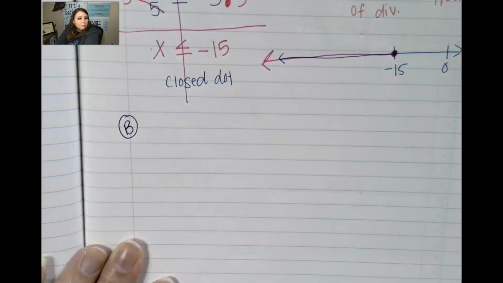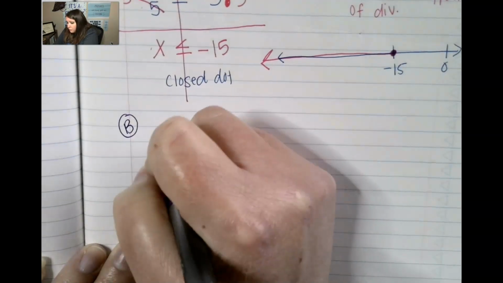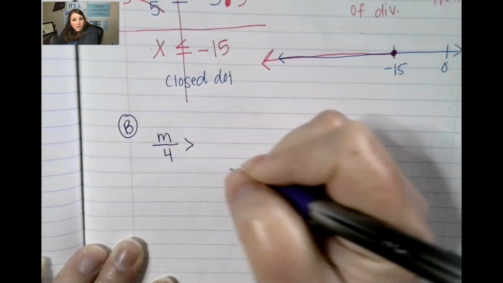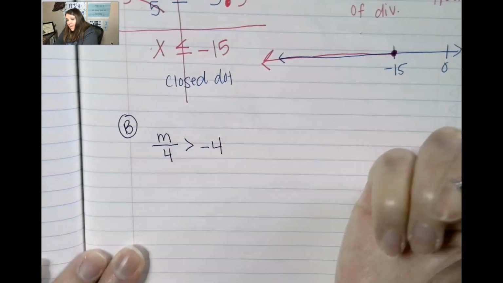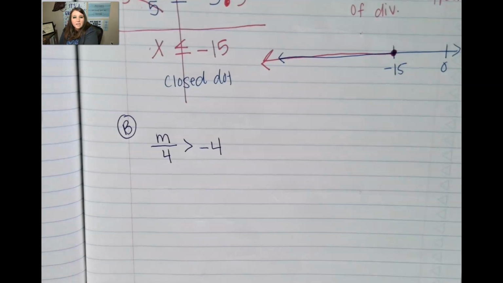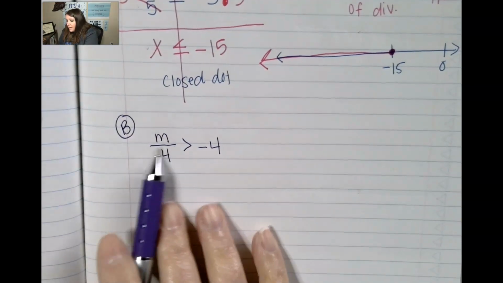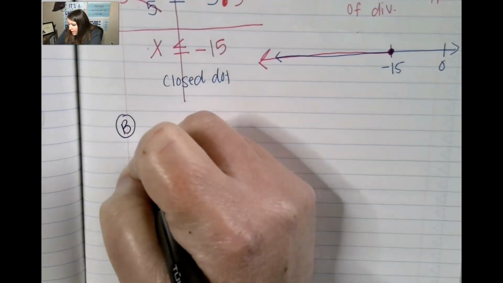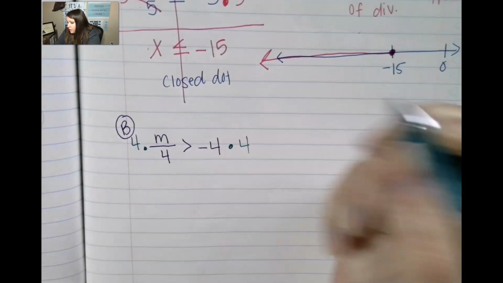And in example B, this one says that I have m over 4 is greater than -4. Okay, again, I want to solve using the opposite operation. So the opposite of divided by 4, I am going to multiply by 4 and multiply by 4.